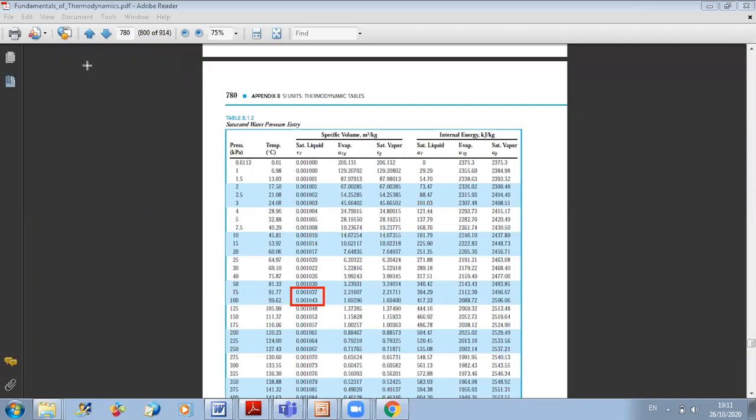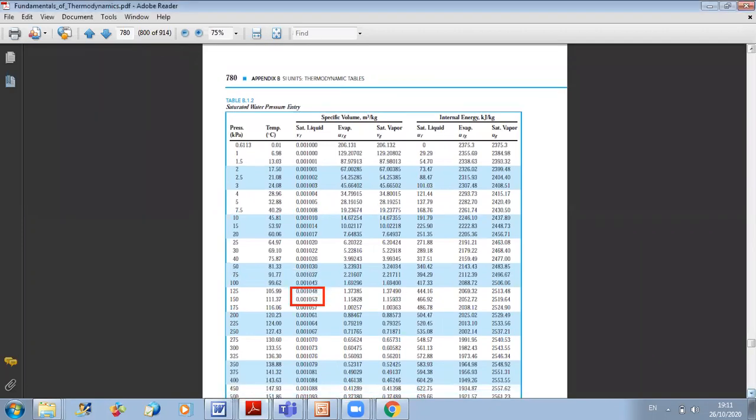Now if I look at the 400 value, you will see that it is really very close. For 400 kilopascal, this is your specific volume, 0.001084. So the increase is nearly negligible.